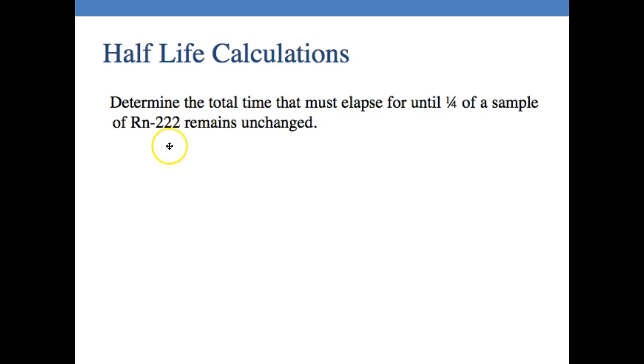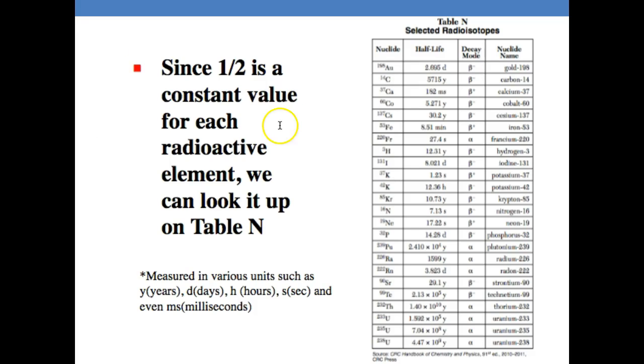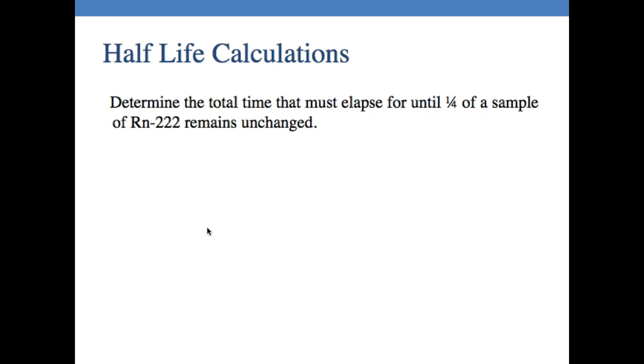So what I have to do is go to my reference table and find Rn-222. It's 3.823 days, times 2 because there are 2 half-lives. So 3.823 is the value of one half-life. Since we had 2 half-lives, we multiply it by 2. So the total time that must have gone by is 7.646 days.